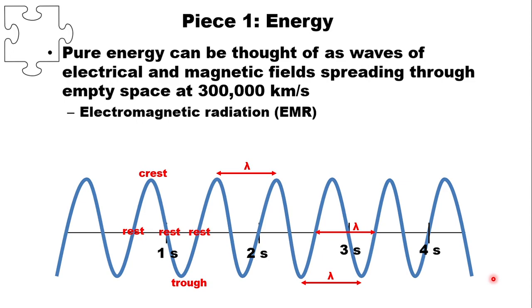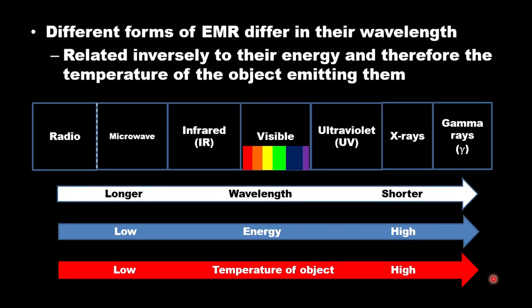So piece number one that we're going to use is energy. And what you need to remember about this is that pure energy can be thought of as waves of electrical and magnetic fields that spread out through empty space at 300,000 kilometers per second. This is what we think of as light or electromagnetic radiation. And we saw that electromagnetic radiation comes in different forms, from long wavelength, low energy radio waves to high energy, short wavelength gamma rays.